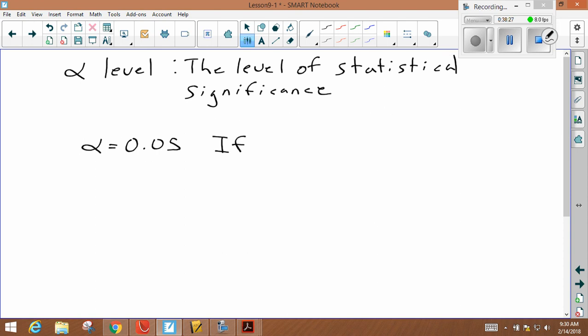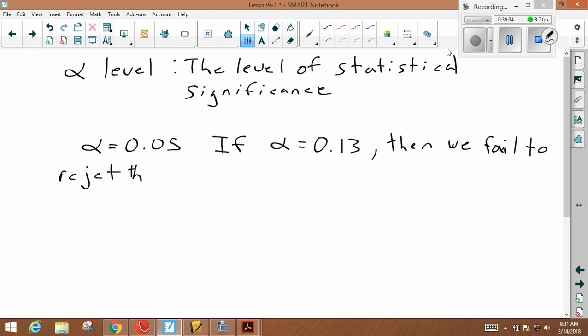If we were to get a p-value of 0.13 or something like that, let's make it obvious, then we fail to reject, and I'm not going to say the null hypothesis, I'm going to say we fail to reject H naught.